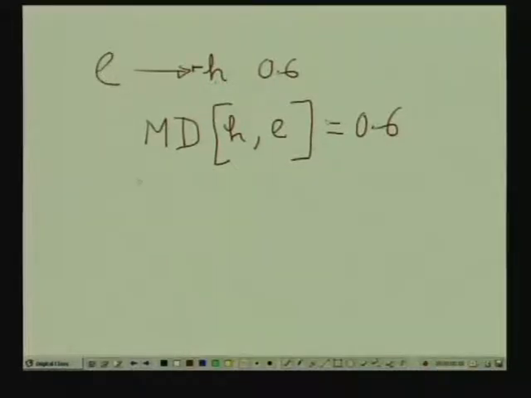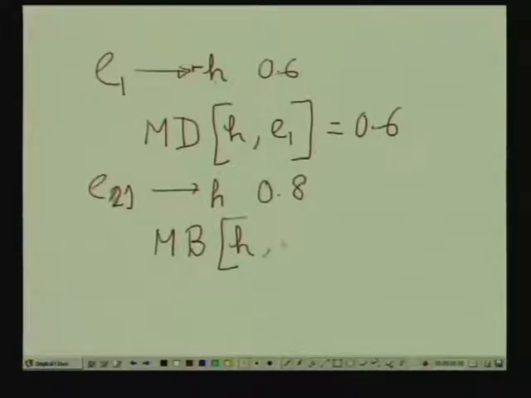And say this is evidence E1, and some other expert, given this E1, says H with say 0.8, then the measure of belief of H given E1 is 0.8.